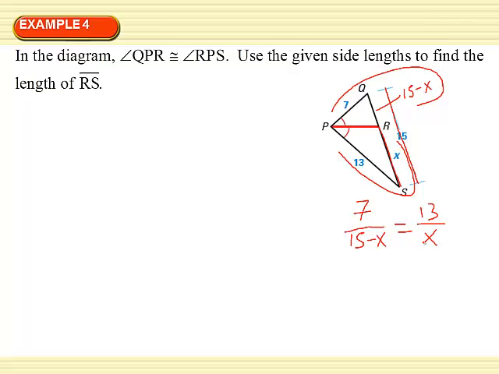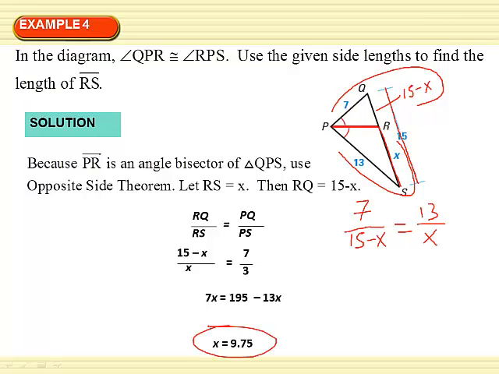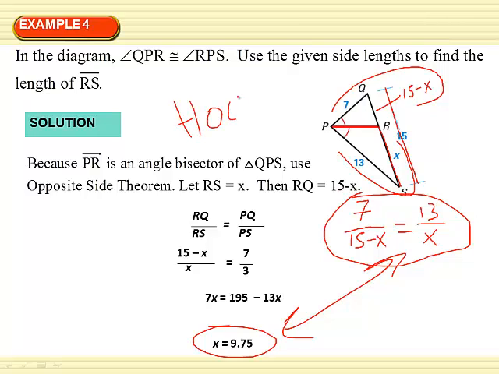Again, the other way of doing it, if you want to just plug it into the straight one, which is the one that I used in the actual theorem, would be 15 minus x is to x, which equals 7 is to 13. Cross multiply and solve, you're still going to get the exact same answer of 9.75. Okay, so these two are equivalent. I think this one here is easier because it involves the hook method. So if you can remember it as the hook method, you should be good to go.